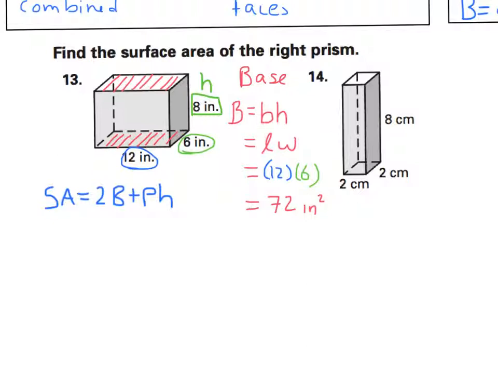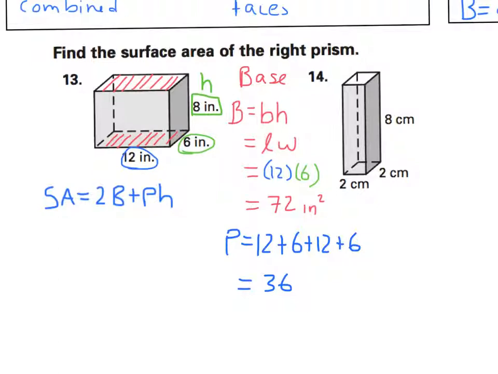So how do I find P for perimeter? Well, P for perimeter is simply the perimeter of the base down here. 12 plus 6 plus 12 plus 6. Some of you may remember 2L plus 2W. And this here becomes 36.